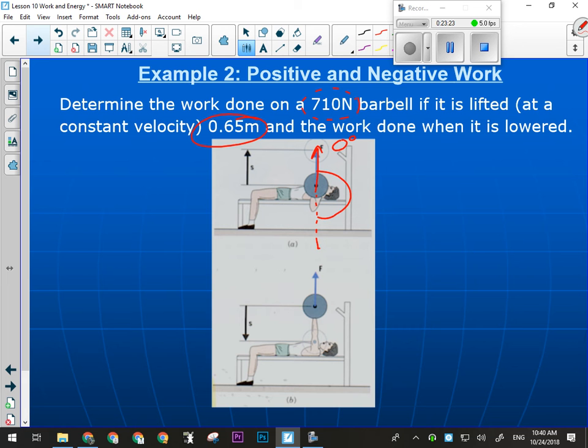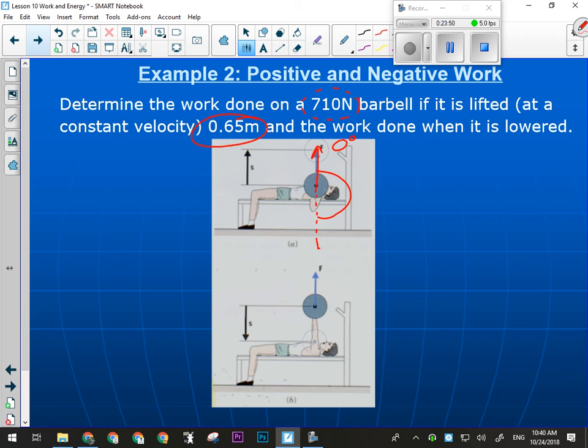180. Punch into your calculator the cos of 180. Are you in degree mode? Sorry, not sine, cos of 180. It's -1. Sorry, I said sine, I meant cos.